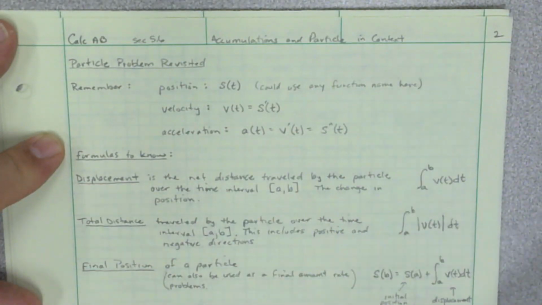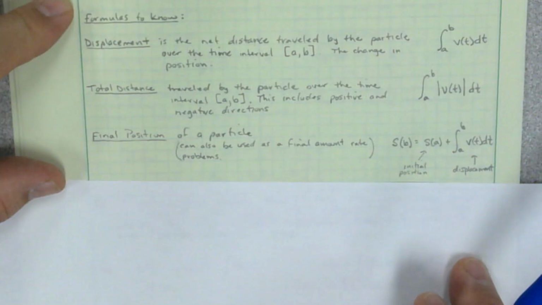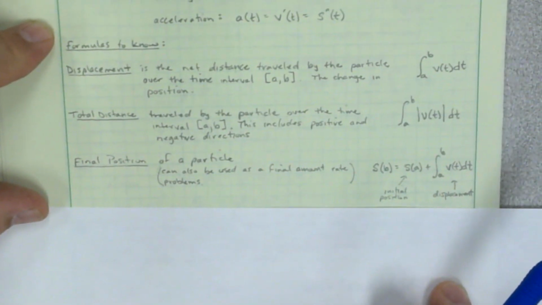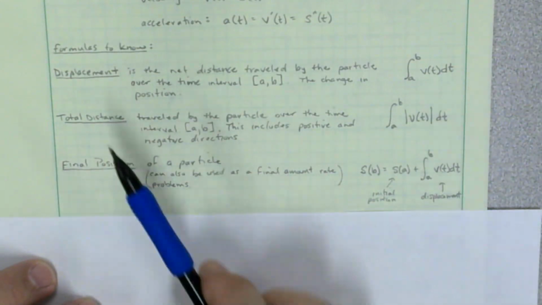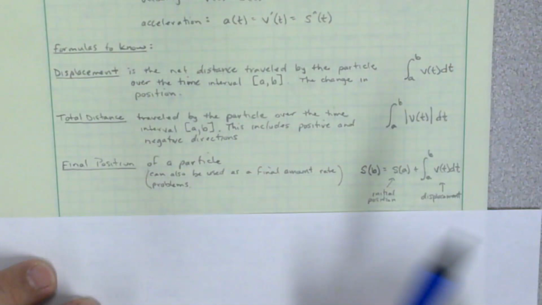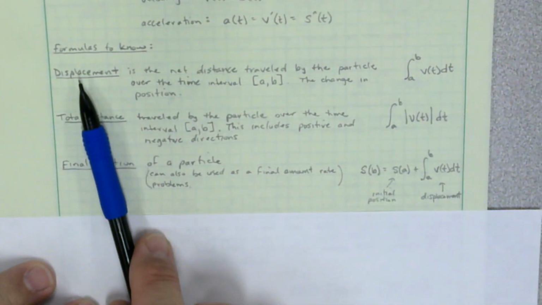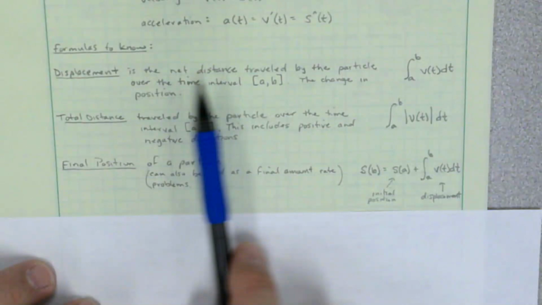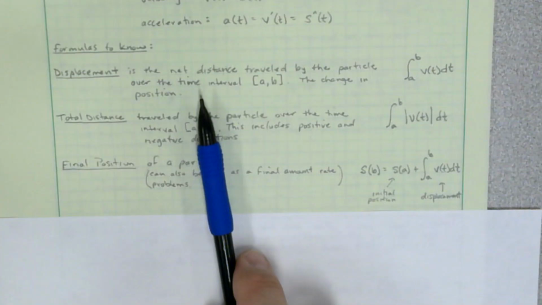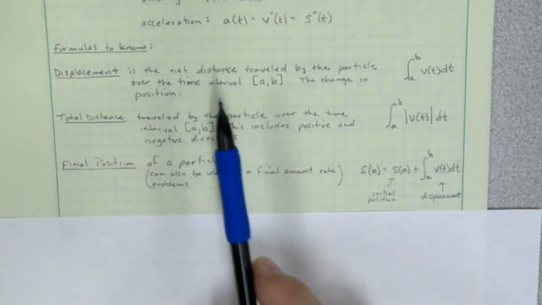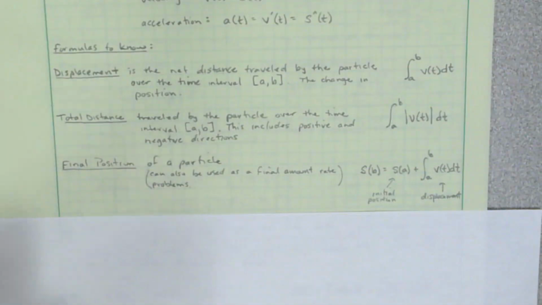So in doing this problem right here, we need to remember these formulas. These are the questions they're going to ask you in some way. So we want to make sure you understand the difference between them and what's going on. So displacement. The displacement is basically the net change in distance that's traveled. Usually I do on this one right here, so just imagine you're going from school to home and you decide to do a roundabout way.